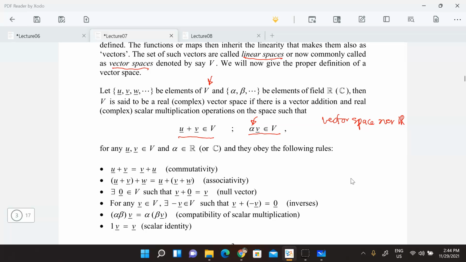But if your space of scalars is complex numbers, then we say vector space over complex numbers, over C.